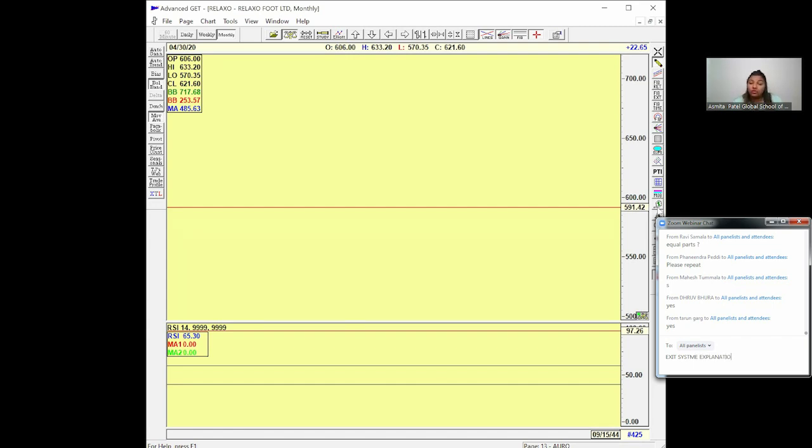If the speed is above 60, we'll call it an uptrend. If the speed is above 80 to 100, strong uptrend.